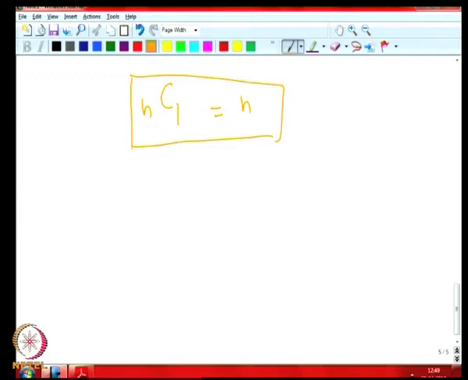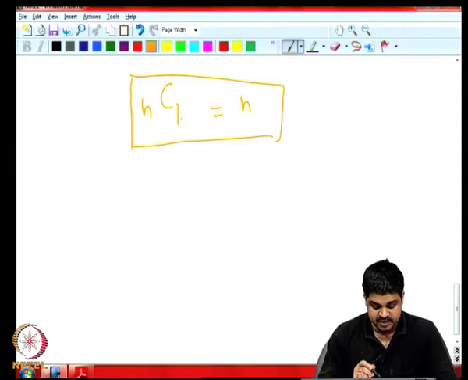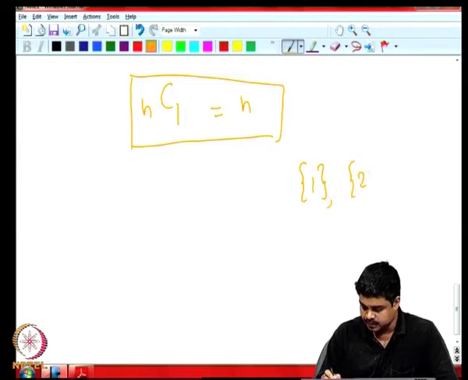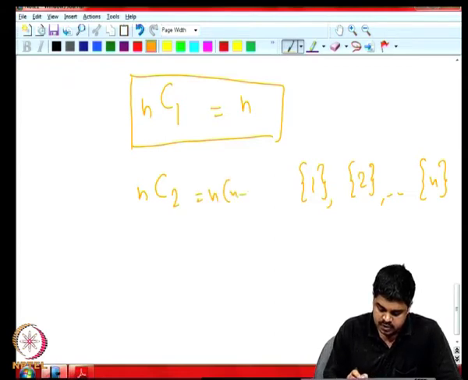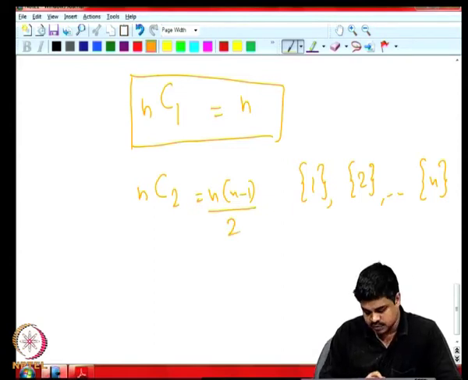This is also easy to see: how many one element subsets are there, that means how many singleton subsets are there for 1, 2 up to n, right. Now what is n choose 2? n choose 2 is n into n minus 1, that is the upper term, 2 factorial is 2, so n into n minus 1 by 2, right.